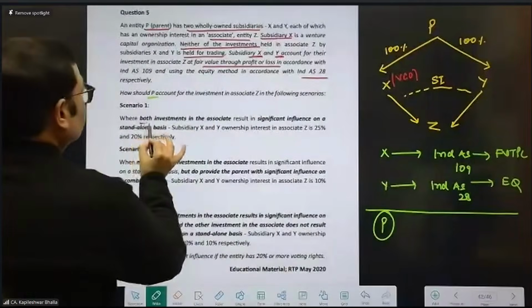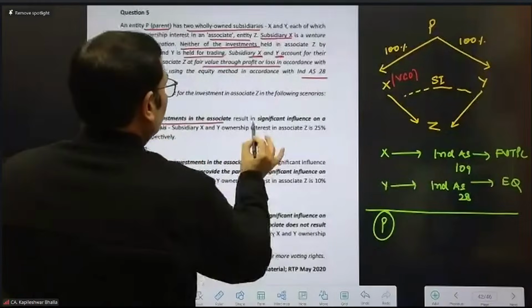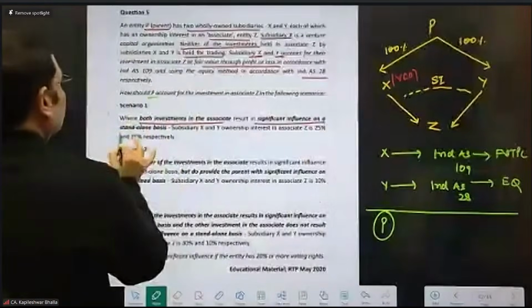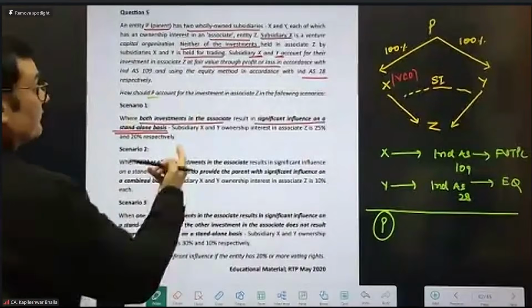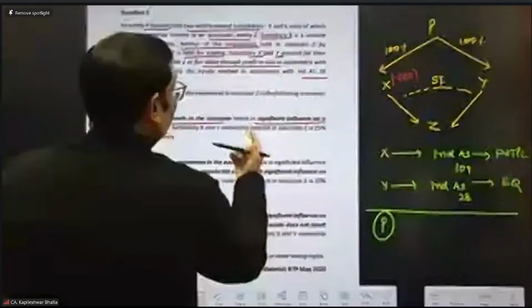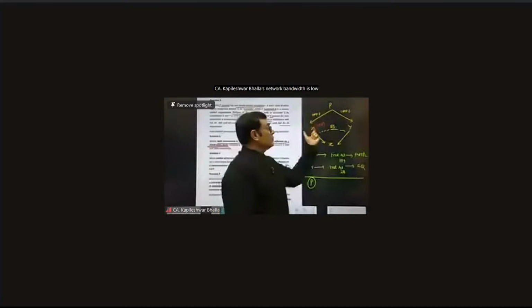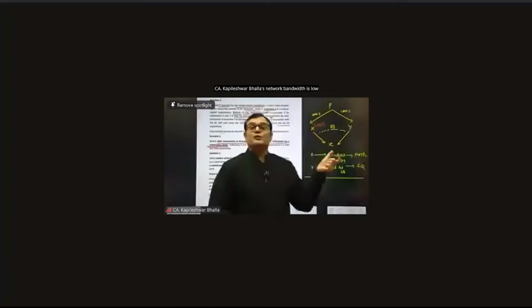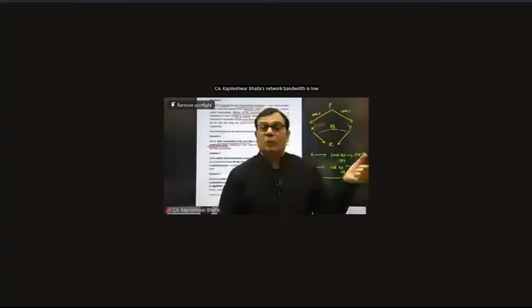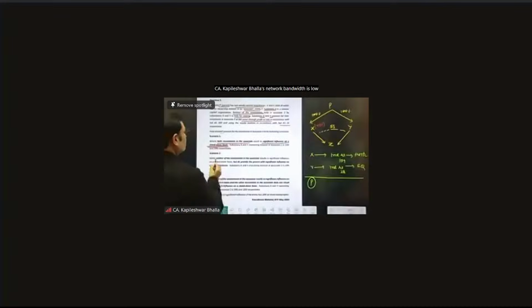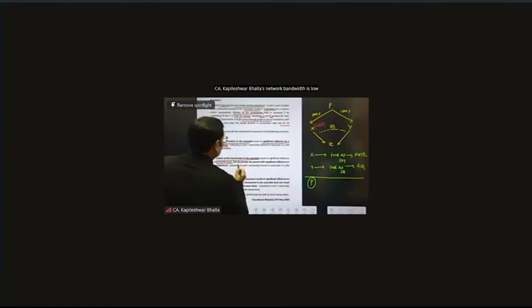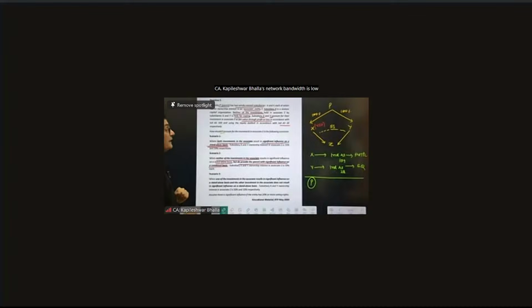Both investments in associate result in a significant influence on a standalone basis. X and Y have got 25 and 20%. So individually, they are associates. That is scenario one. Then he says when neither of the investments results in a significant influence on a standalone basis, but they do provide the parent with a significant influence on a combined basis, it's 10 each.